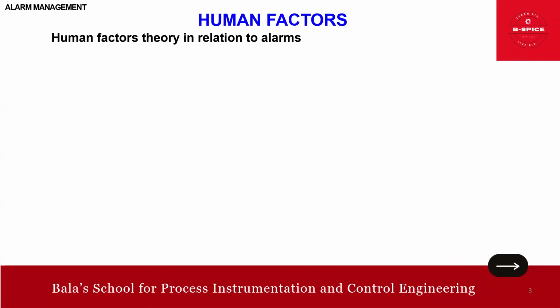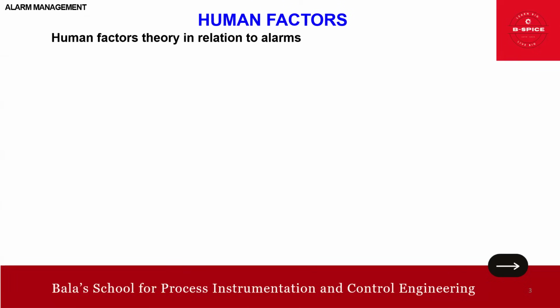The basic design of the alarm system is most important because it ensures operators are not overloaded by unnecessary and nuisance alarms and floods of alarms. However, the way the alarms are communicated to the operator via the HMI is also equally important. That is what I'm talking about with human factors. Let's go into the human factor theory in relation to alarms.